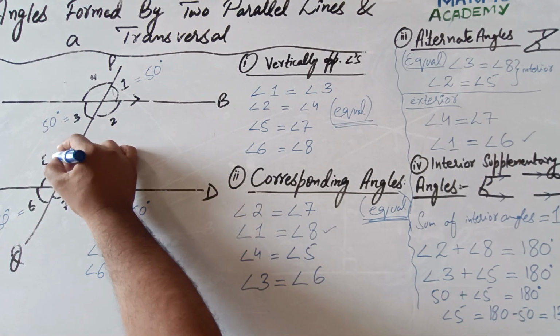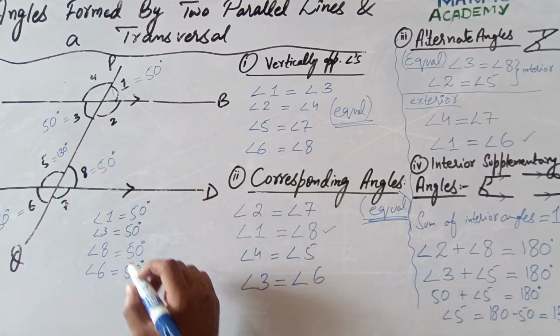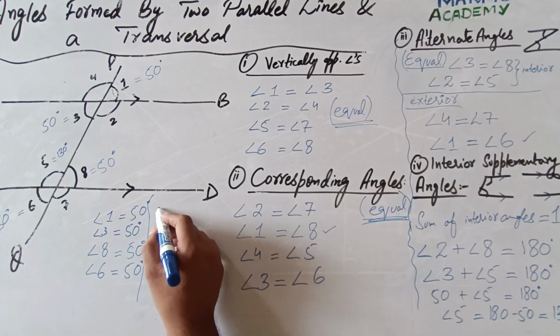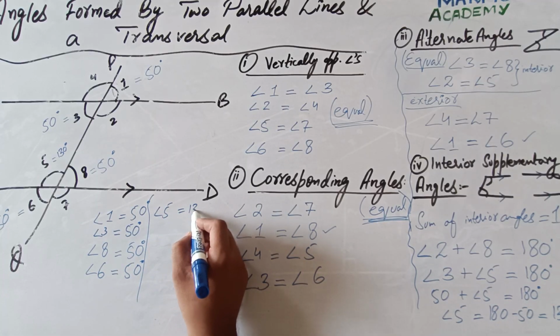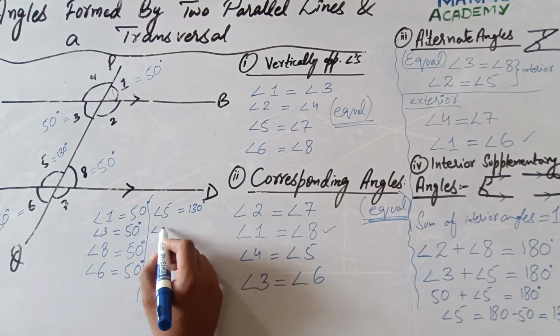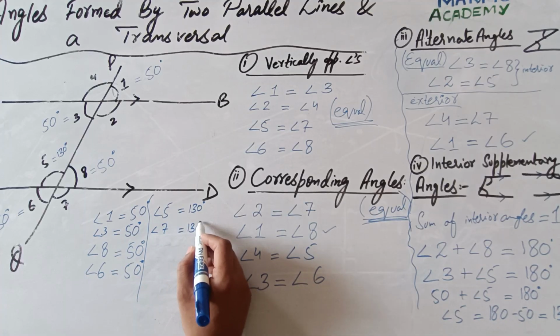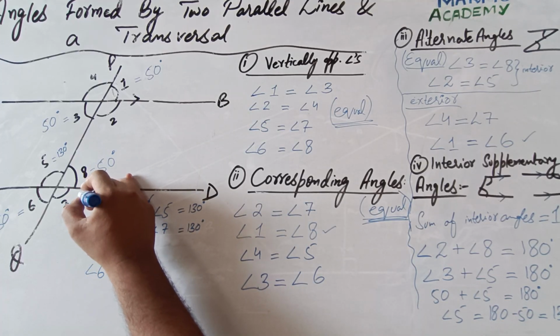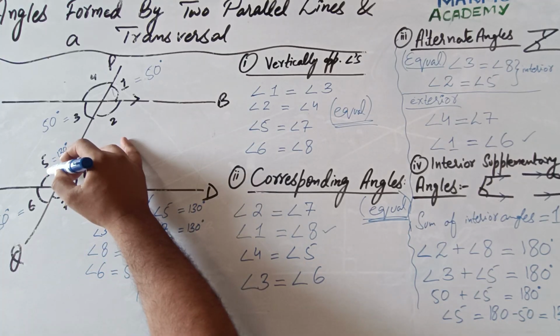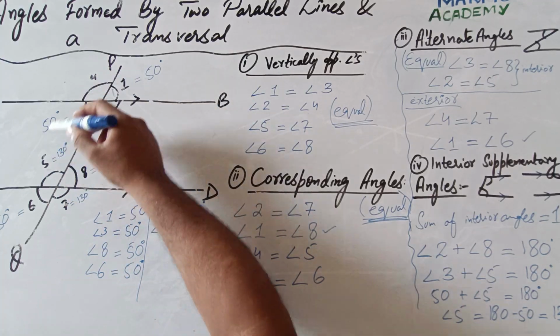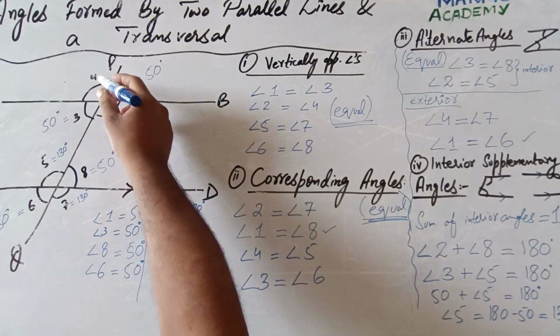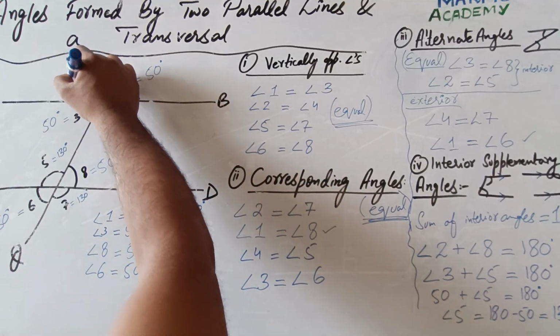So if angle 5 is 130, it means that angle 7 is also equal to 130 degrees. If angle 5 is 130, according to inverted F, angle 4 is also equal to 130 degrees.